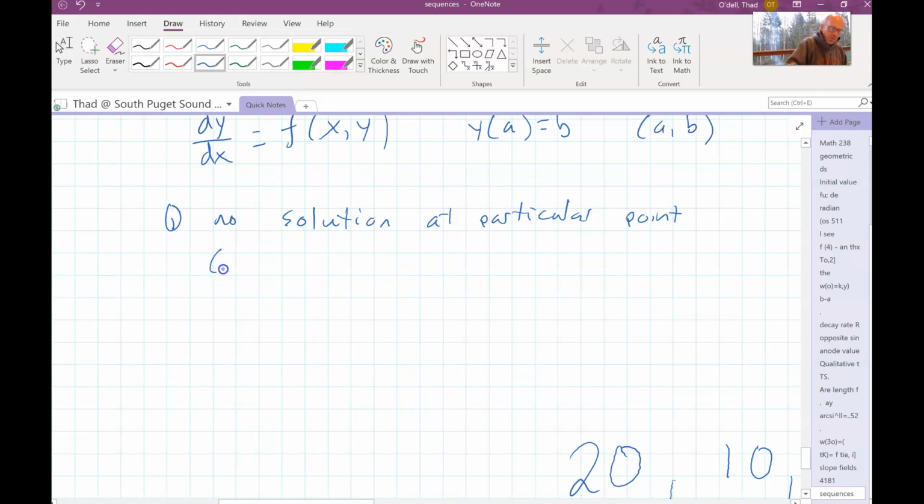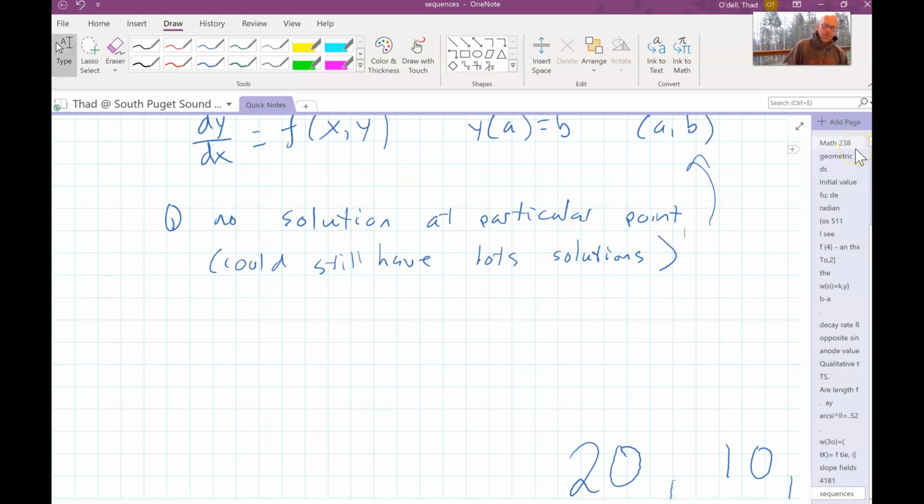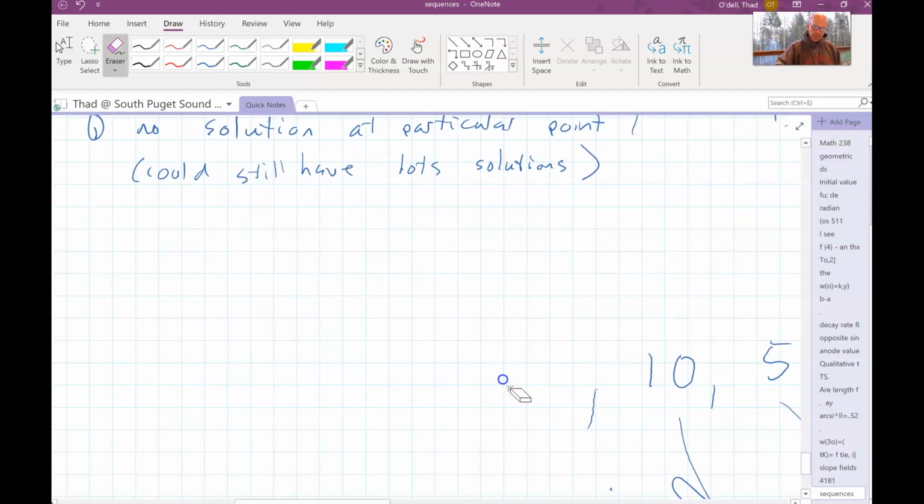Now we of course could still have lots of solutions to the differential equation, just none of them go through that point. So we're talking specifically about a differential equation and a certain point on the coordinate plane.